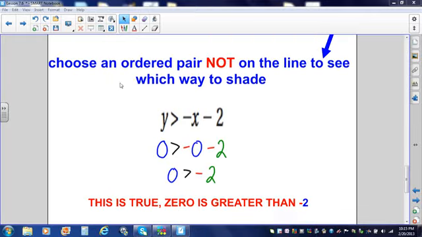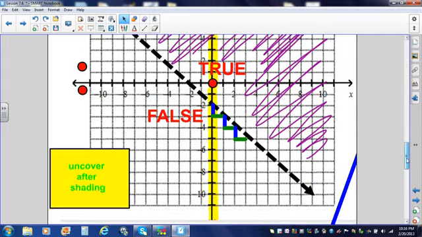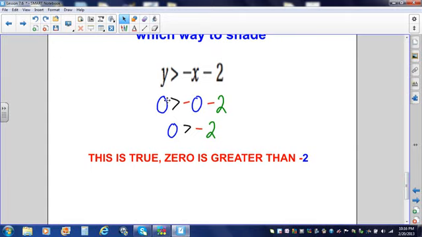The next thing I'm going to do, choose an ordered pair that is not on the line. So if I come back up here, 0, 0 is not on the line. So I'll put 0 in for y and 0 in for x. When I do that, I get 0 is greater than -2.